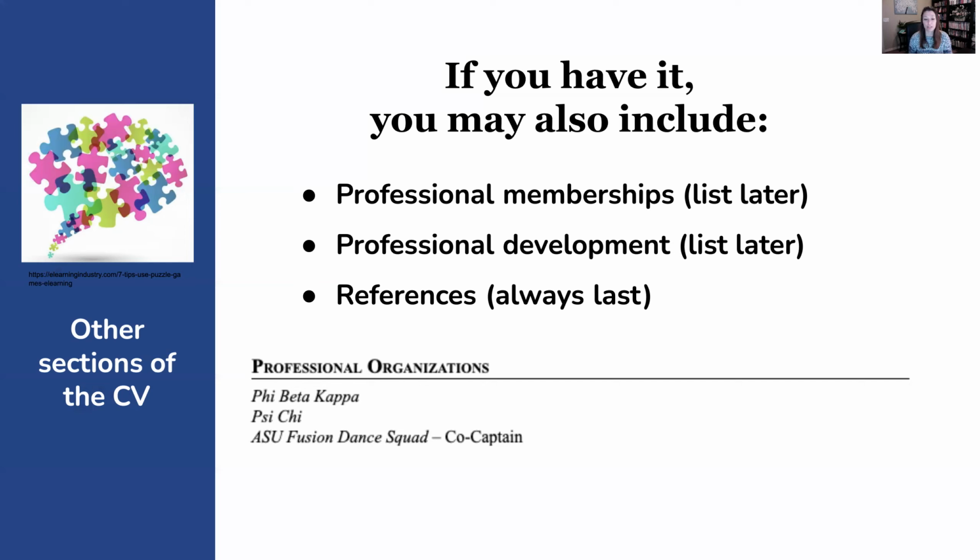Being a captain of an organization or a club tells me that you have leadership skills. It communicates that you have organization and communication skills, right? What a great way to showcase that, because this didn't really fit anywhere else in the CV. So professional organizations can give you a little bit more depth if you're involved in things other than just academic and work endeavors.